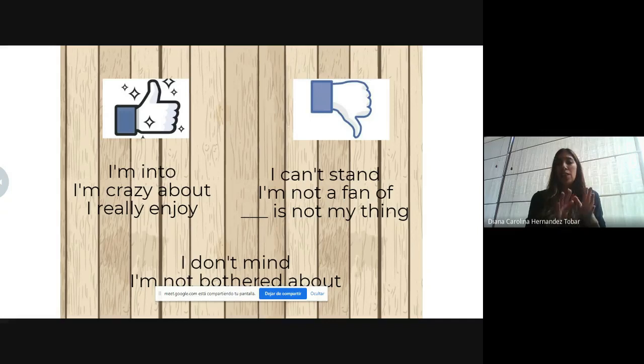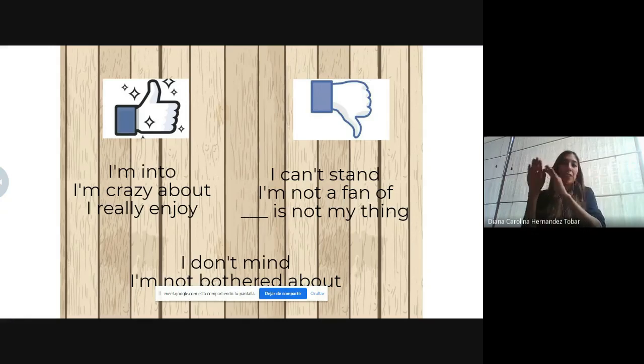Now, take into account that when you use these expressions, if you mention a verb after the expression, you need to use that verb with ing. So, for example, I'm into practicing Zumba. I really like it. So if I use the verb practice, it's with ing, and also about, because it's a preposition.